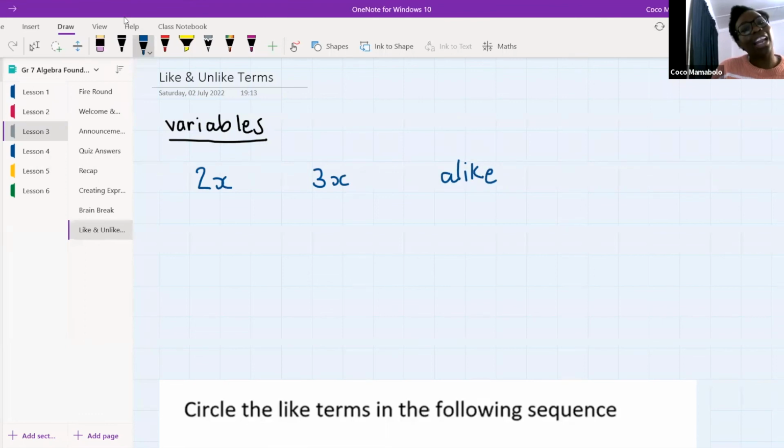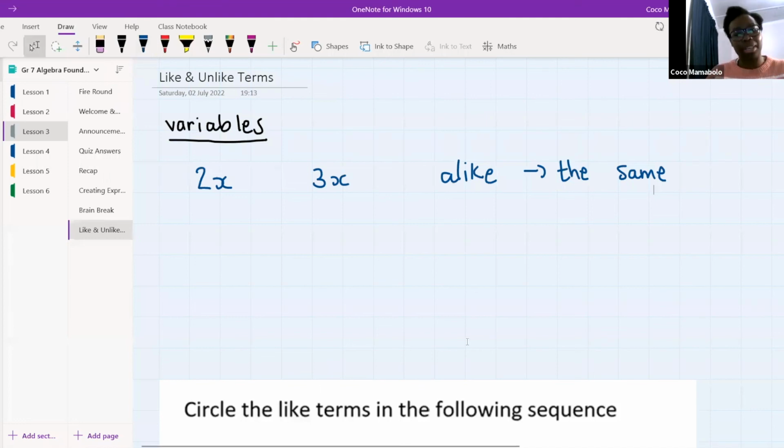Okay, and alike means that they're the same. Okay, can anyone tell me, somebody raise your hand and tell me, what is the same about 2x and 3x? Anyone have any idea? Lesedi's hand just shot straight up. Yes, Lesedi, tell me, what is the same about 2x and 3x? They're using the same letter variable.